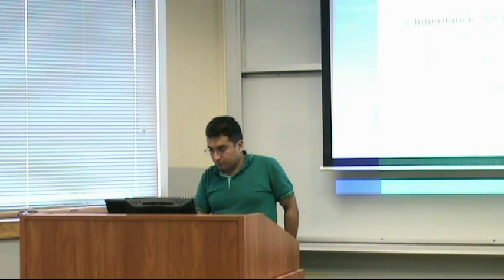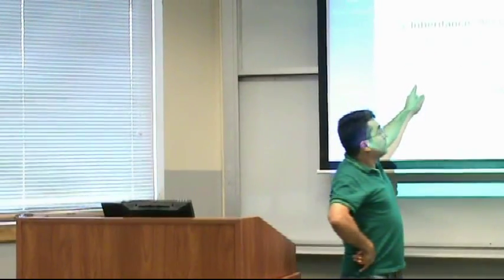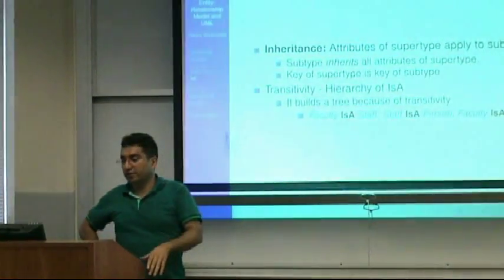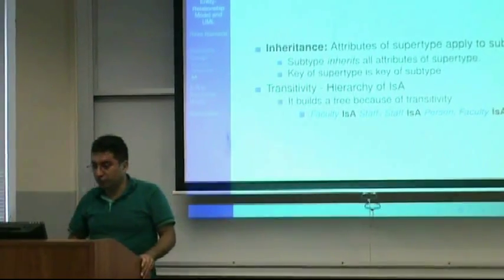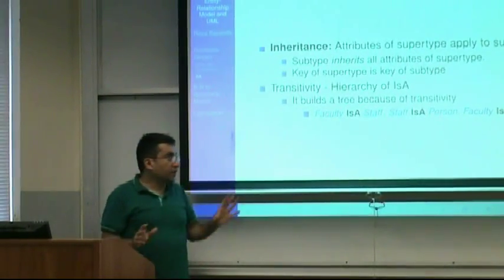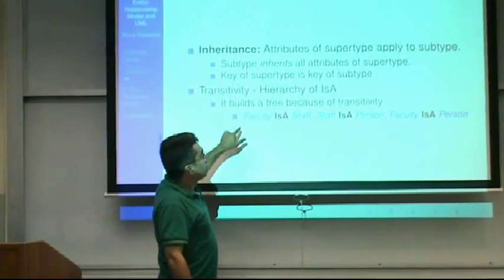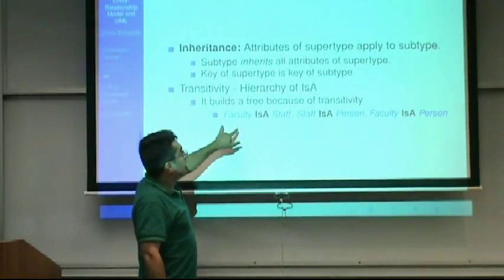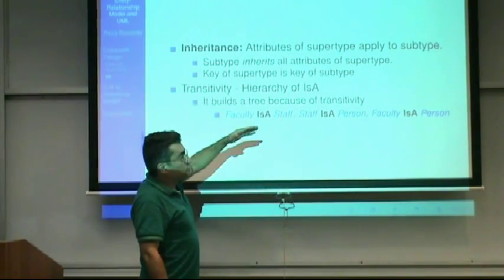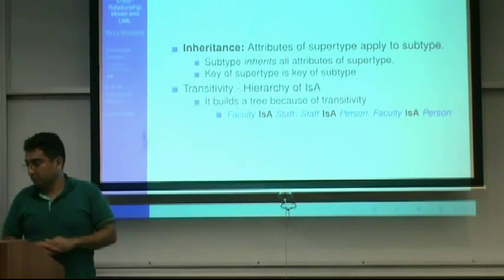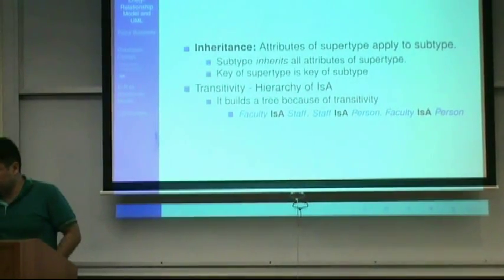Okay, so the more important feature is transitivity. Transitivity basically creates a hierarchy of entities for you, and it's a kind of tree-style hierarchy. Transitivity shows that the is-a relationship can be used to infer and develop more is-a relationships.